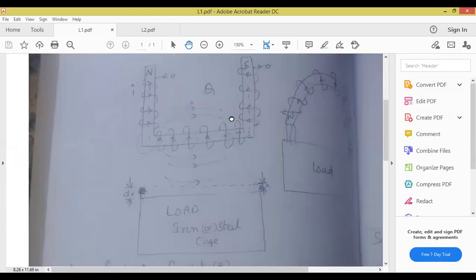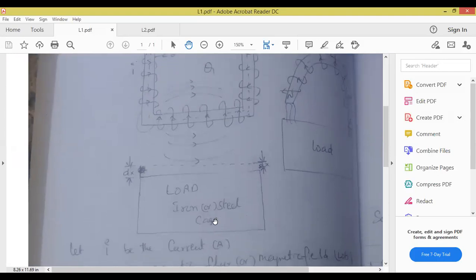So what is the use of this electromagnet? An electromagnet can lift certain heavy machines or a cage. Any cage is made of iron or steel, so it can be easily lifted by an electromagnet. This is called the load. Load means you must draw one rectangular box, representing an iron cage or steel cage.